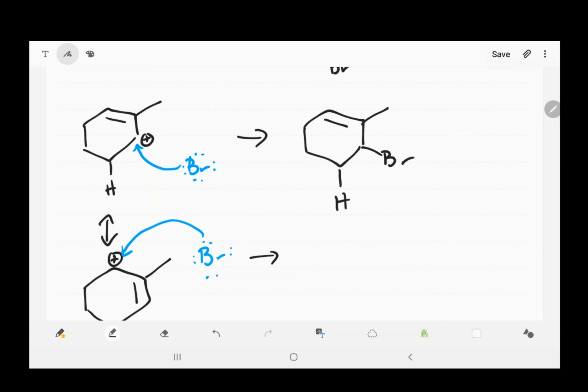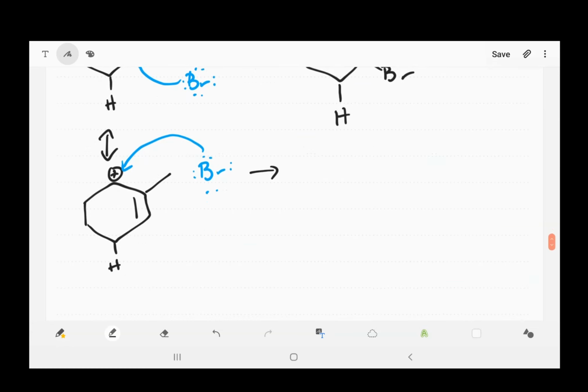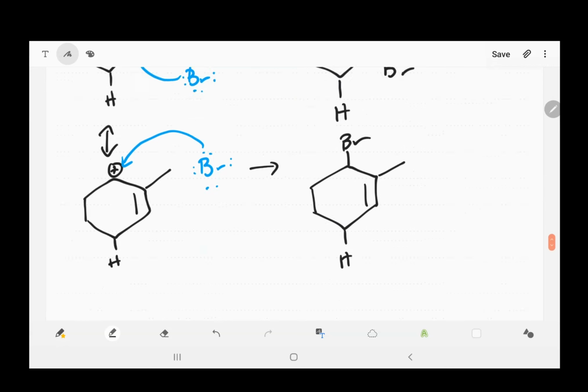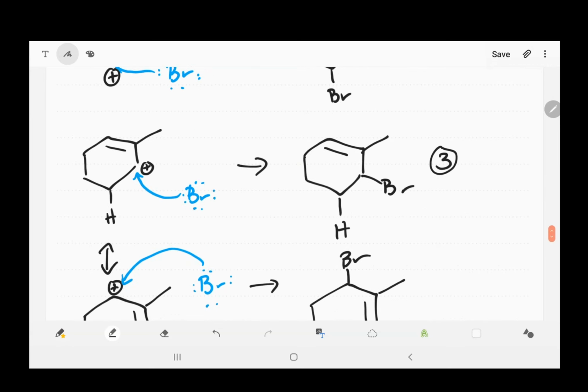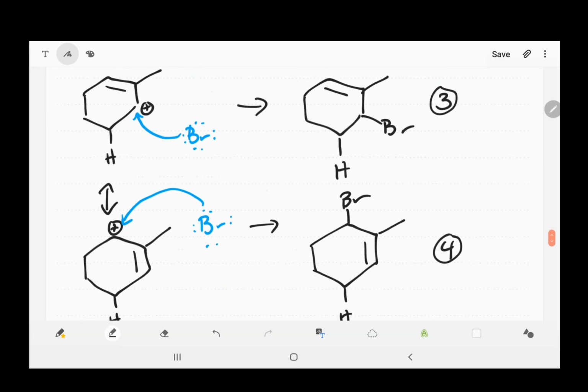So we have our 1,2 product just like before, and then we're going to have our 1,4 product. And we can label these 3 and 4. So, let's see if I can do it this way.